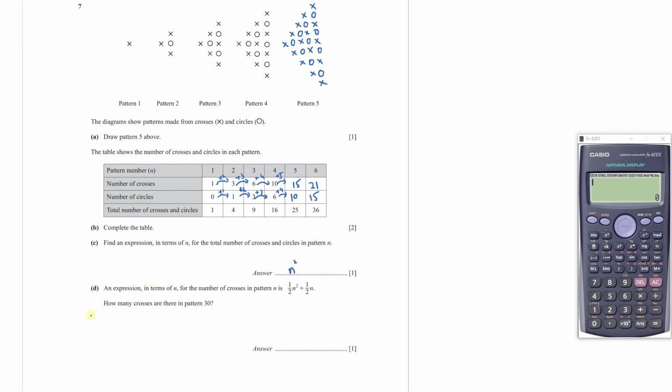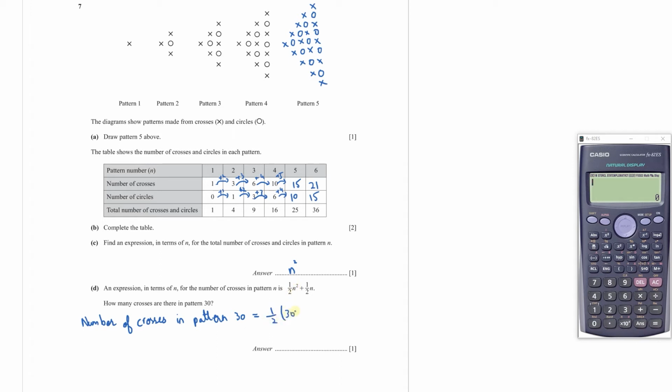Part D: an expression in terms of n for the number of crosses in pattern n is given. How many crosses are there in pattern number 30? The number of crosses in pattern 30 will be equal to, since you're given the formula for the crosses in pattern n, you simply substitute 30 in place of n.